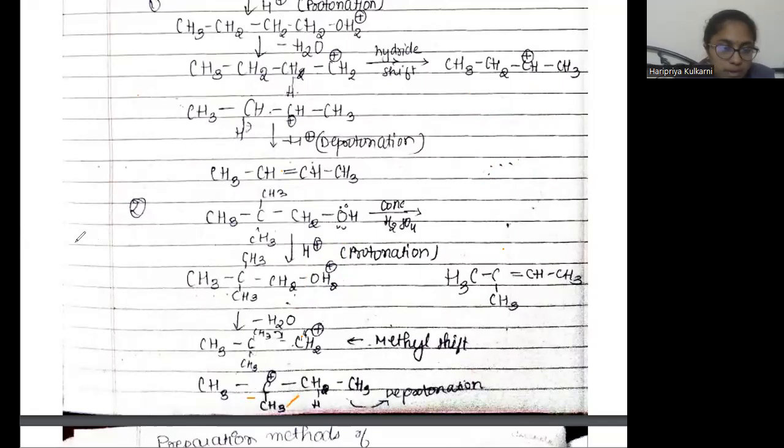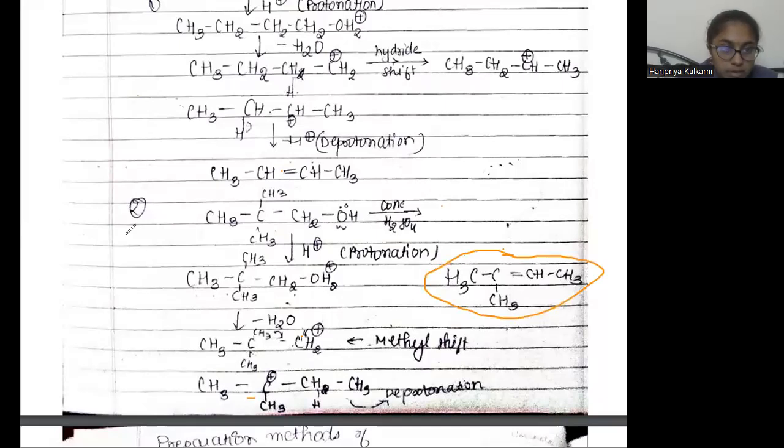Again, to remove the plus charge, we'll apply deprotonation. After doing deprotonation, instead of the plus charge, we'll get a double bond in the same place. So here you can see this is the final product.